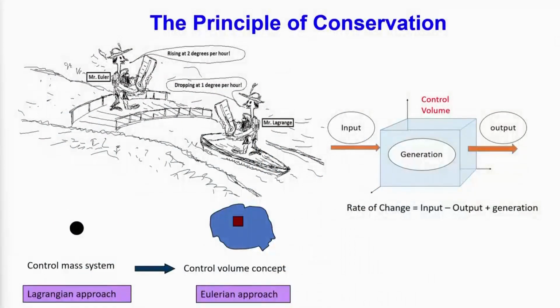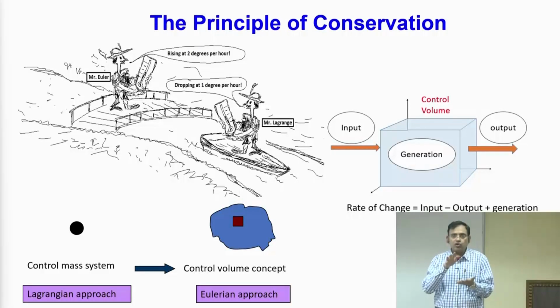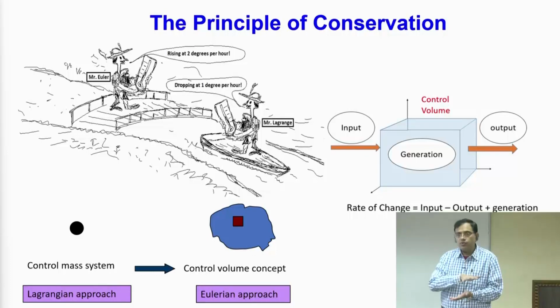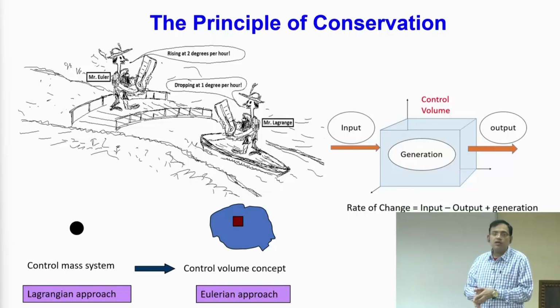The question is, if we are familiar, why can't we straight away apply that for whatever problems we are going to address, be it physiology or any other application. Now, the challenge is that Newton's laws, in the form commonly described in school level or college level texts, are talking about something which is called a control mass system.